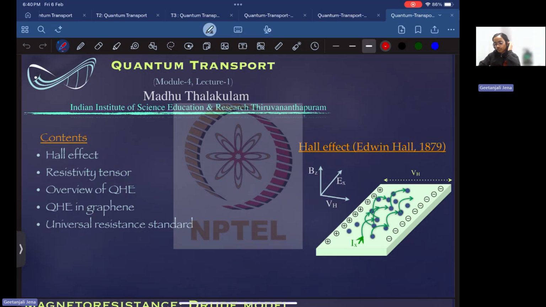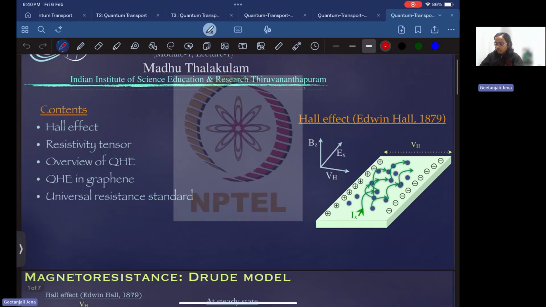One of the effects is the Hall effect. The Hall effect is nothing but the production of a voltage in a conducting sample whenever we place the sample in a transverse magnetic field.